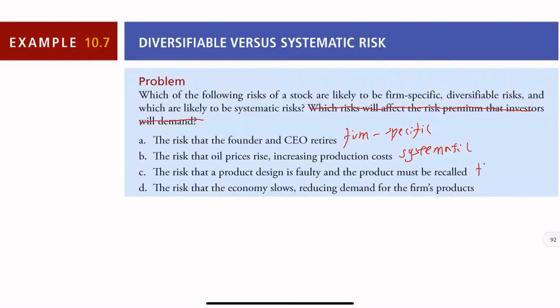It refers to a specific firm's specific product. Okay, D says the risk that the economy slows, reducing demand for the firm's products. Is this firm-specific or market-wide news? Well, I can see that it says the economy slows. If the economy slows, it should affect all firms, right? So this one should be systematic.